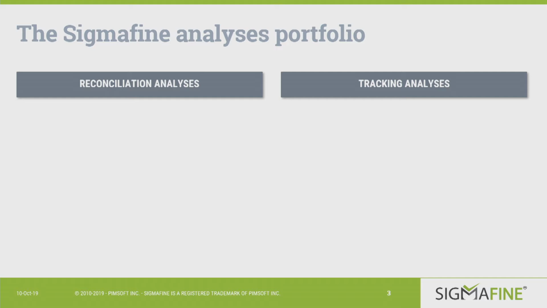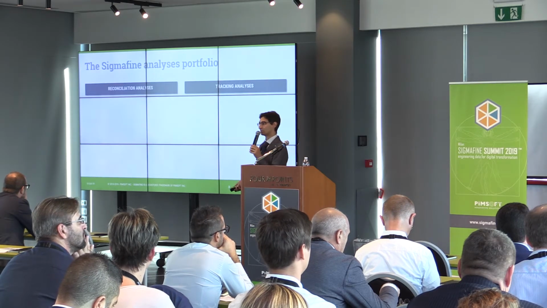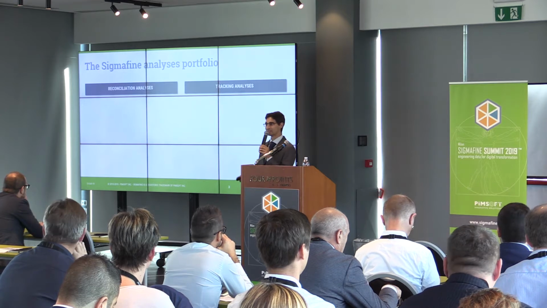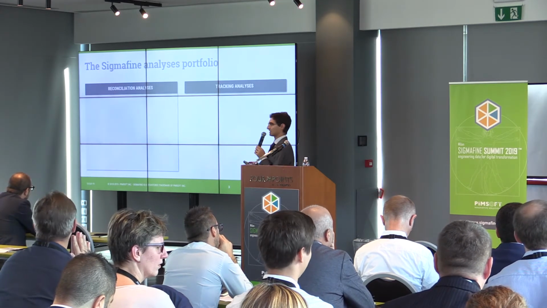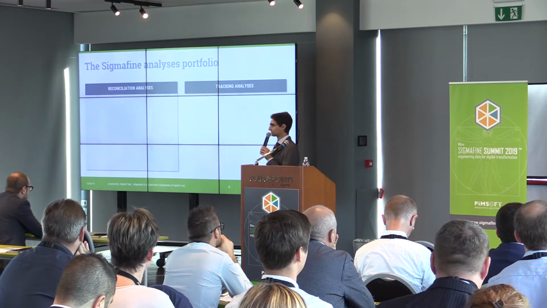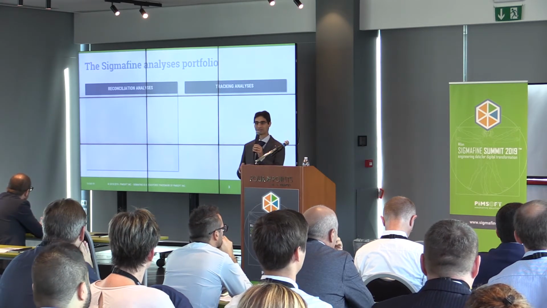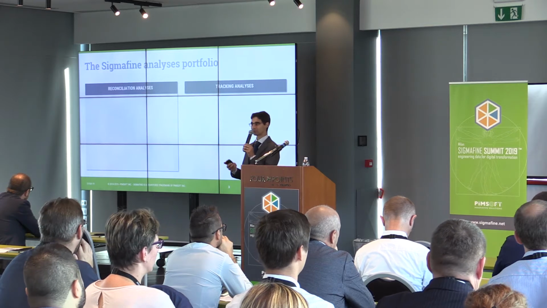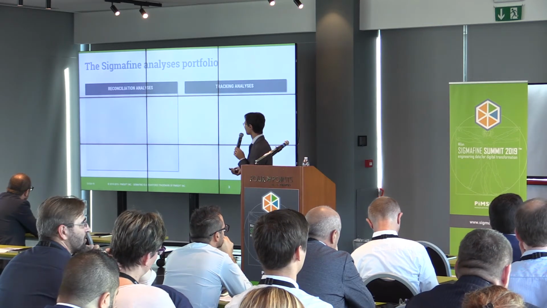Let's look at what we have in our portfolio and how we can use the different Sigmafine analytics to solve these issues. So we have 2 main classes of analytics. So the reconciliation analysis, which are the ones where you are more familiar with, and the tracking analysis.